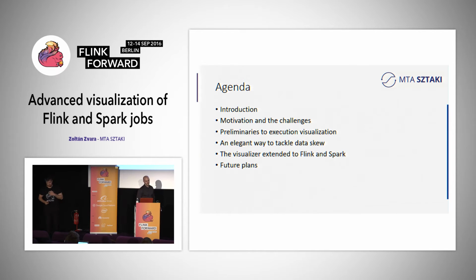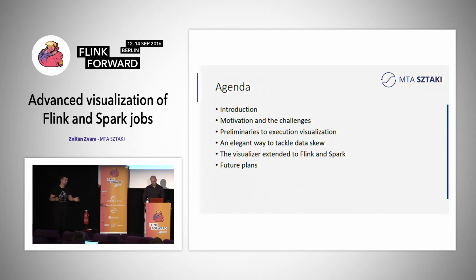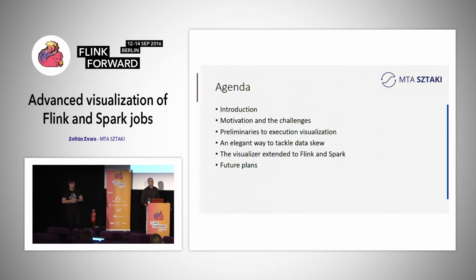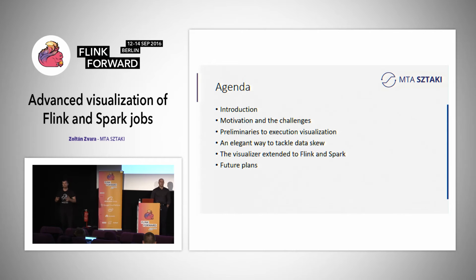We would like to give you a little introduction of the research institute where we used to work together, and Zoltan still works there, and then pose a problem: what we have been seeing usually with these industrial partners, and usually with scaling out the problems that we were trying to solve. And it turns out that data skew was the issue that we have been facing.